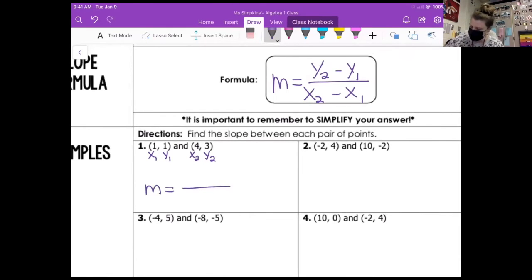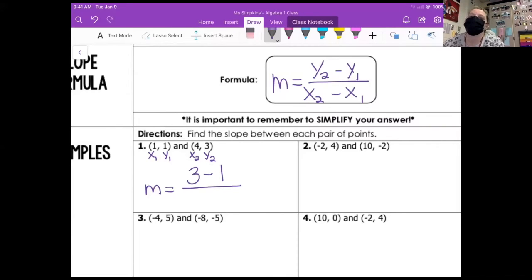So M equals. What number is y2 from those four options? 1, 1, 4, and 3. 3, good. Minus. What is y1? Because that comes next in the formula. 1. And the denominator is our x's.